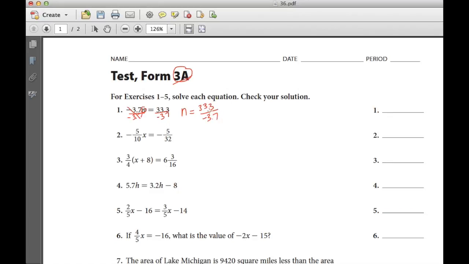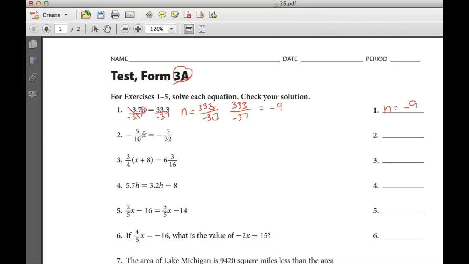Another way is to multiply both the numerator and the denominator by 10. So we have 333 divided by negative 37, and that does come out to be a nice integer, negative 9. So number 1 is n equals negative 9.